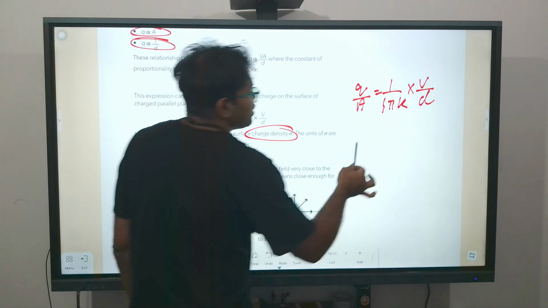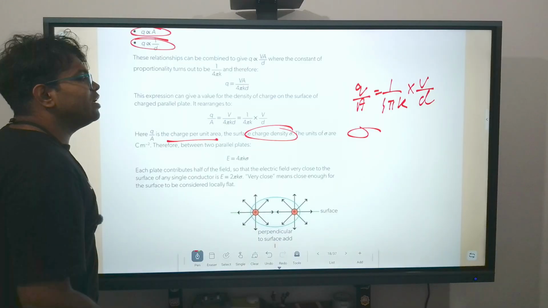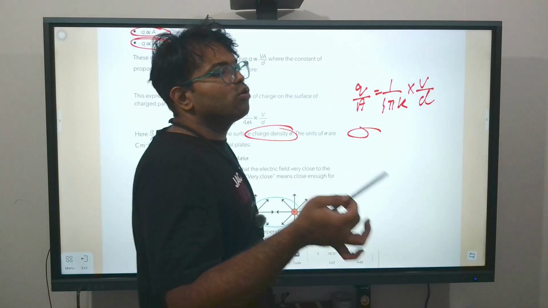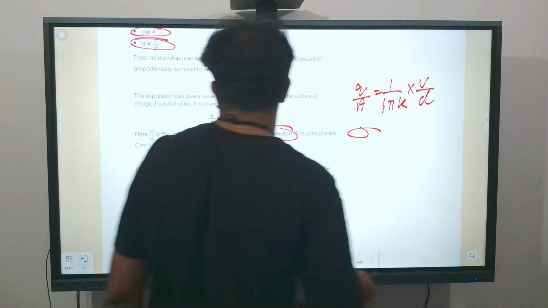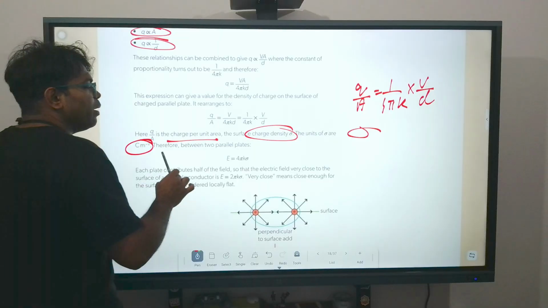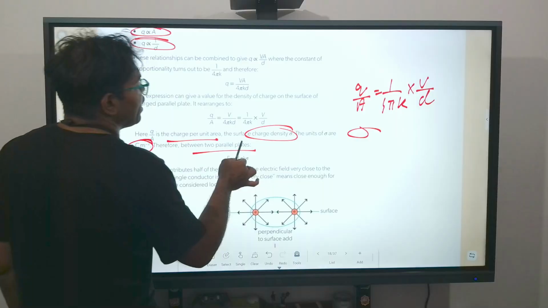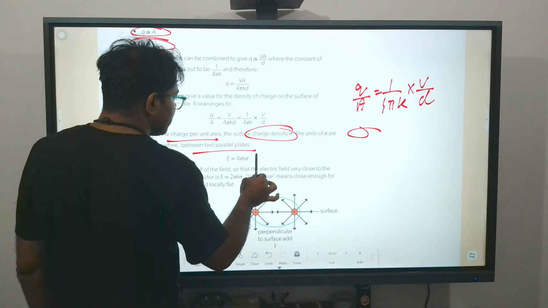So, we use the term sigma to represent the surface charge density. The unit of sigma is Coulomb per meter square, Cm to the power minus 2. Therefore, between two parallel plates, E is equal to 4 pi k sigma, the electric field.